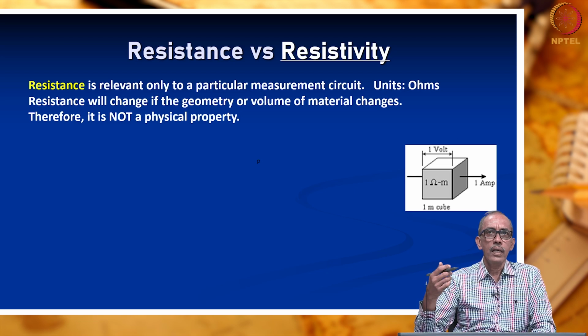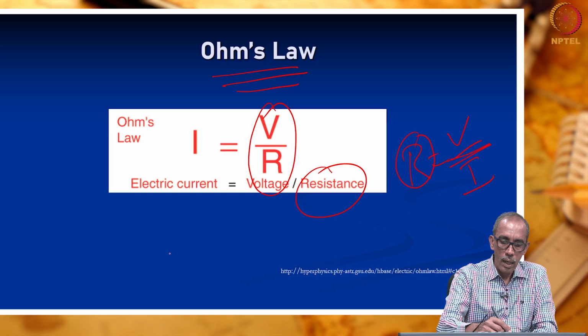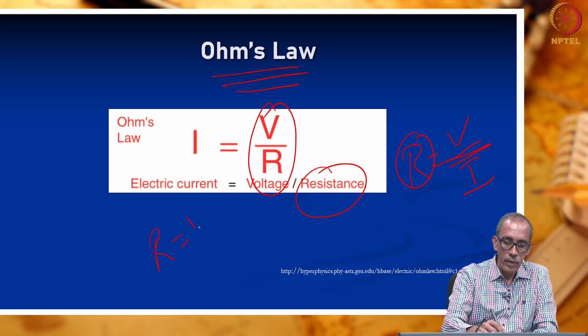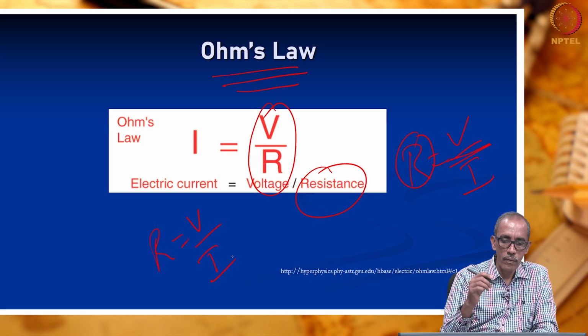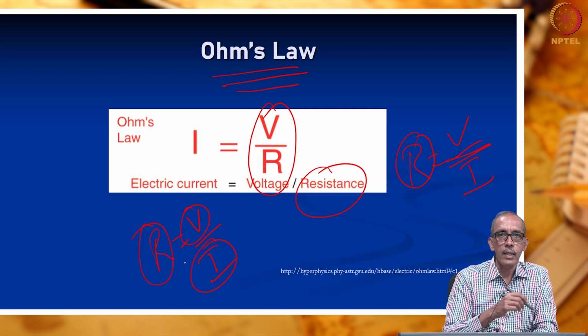What exactly do we mean by resistance and resistivity? On the previous slide, we have seen Ohm's law. Ohm's law states R is equal to V by I, where R is the resistance, V is the voltage, I is the current.